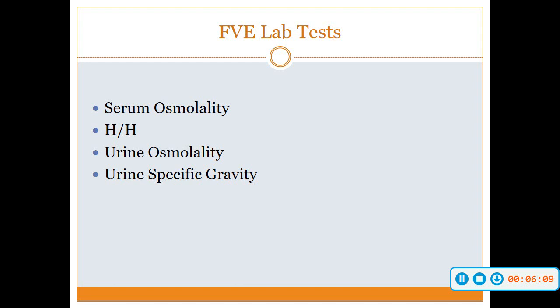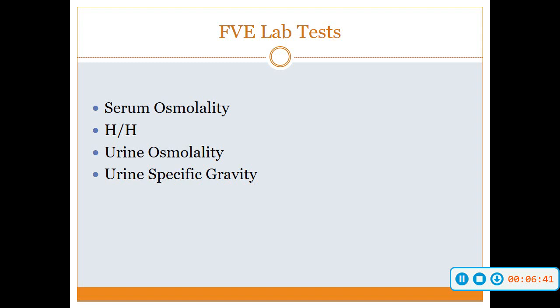Okay? Low urine osmolality is if the patient is unable to concentrate our urine, or we're trying to get rid of all this extra urine. Okay, so there's a lot of water, not a lot of content. Okay, urine specific gravity, normal is 0.003 to 0.030.